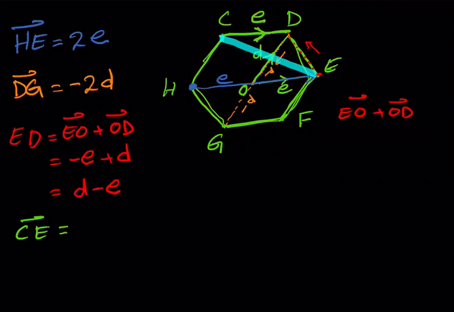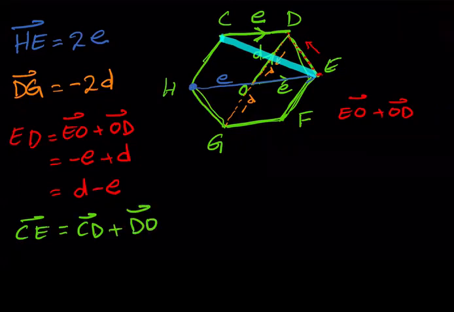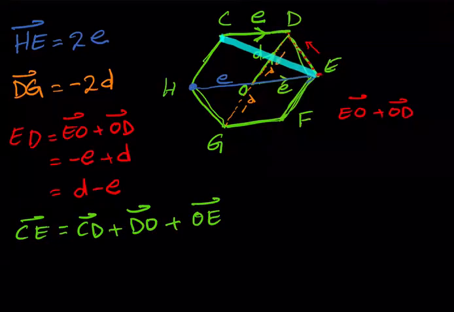So CE, the one we want, is CD, plus then we move from D to O, and then from O to E. It's like a Z letter, reaching E. As I said, CD is E, and DO is opposite to OD, so it's minus D, going downwards.